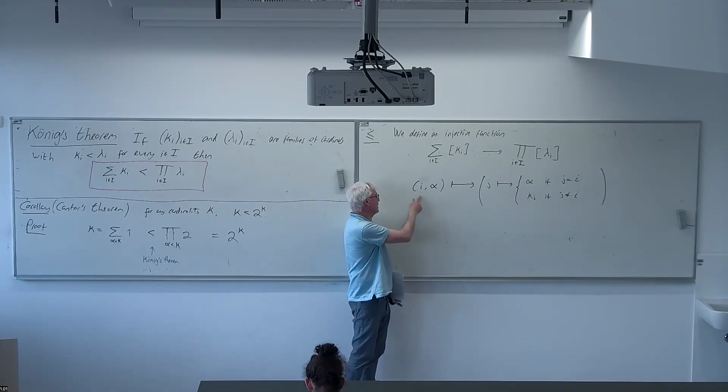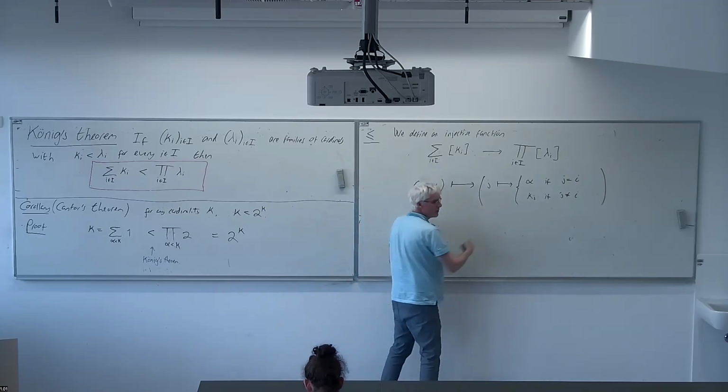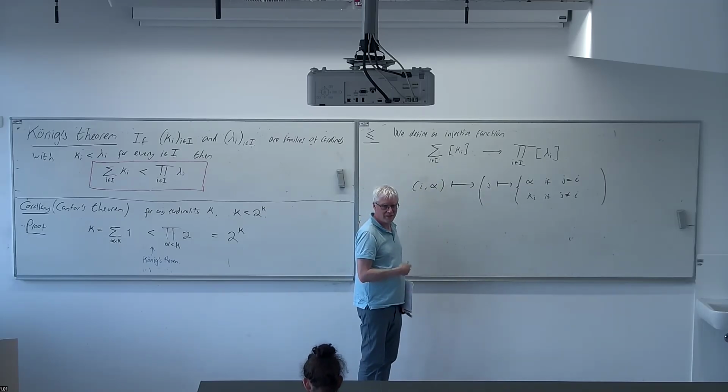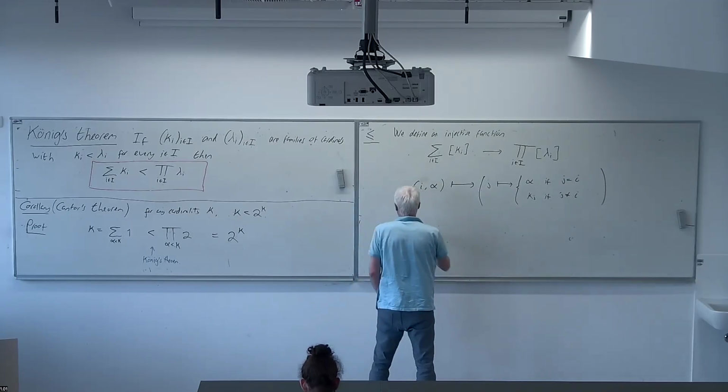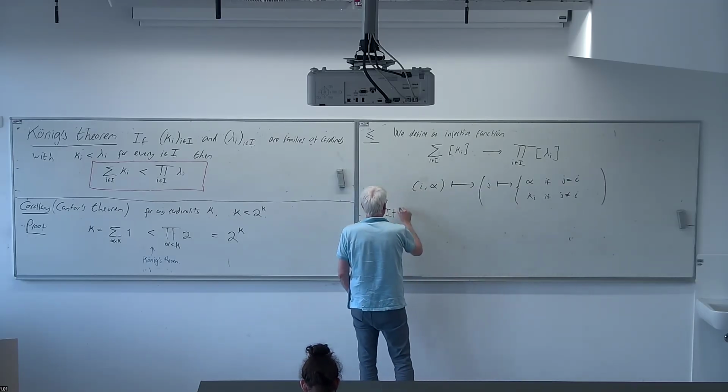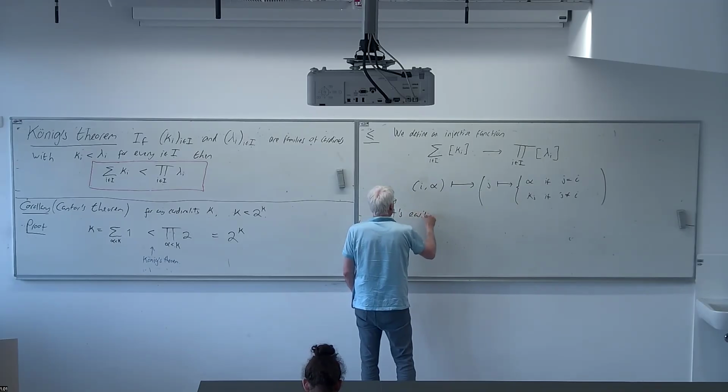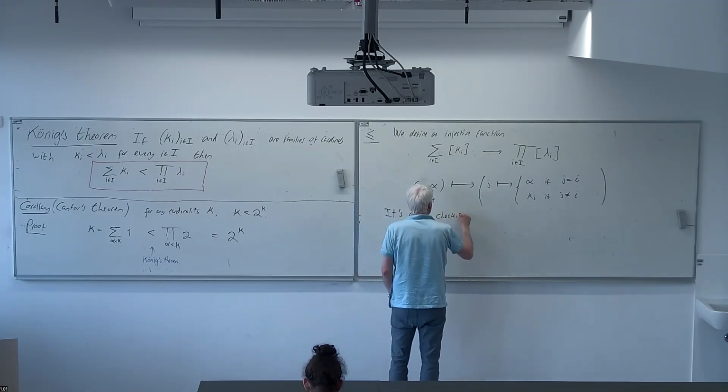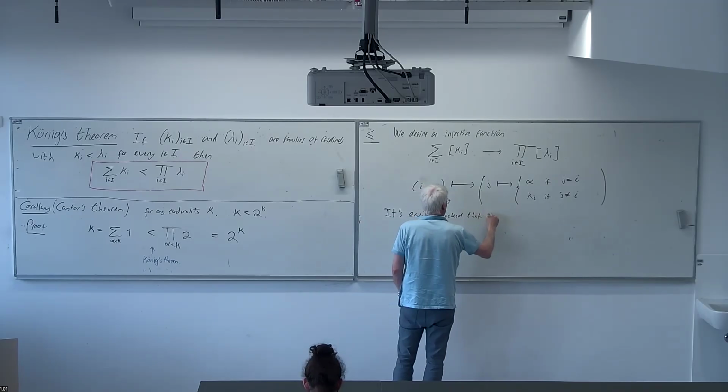You can either have two different first indices, or the same first index and two different ordinals. In both cases, you check that you map to distinct functions. And it's very easy. So it's easily checked that this is injective.